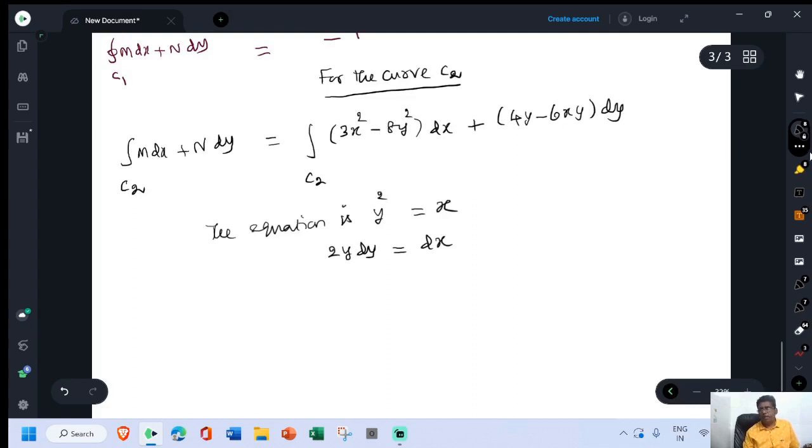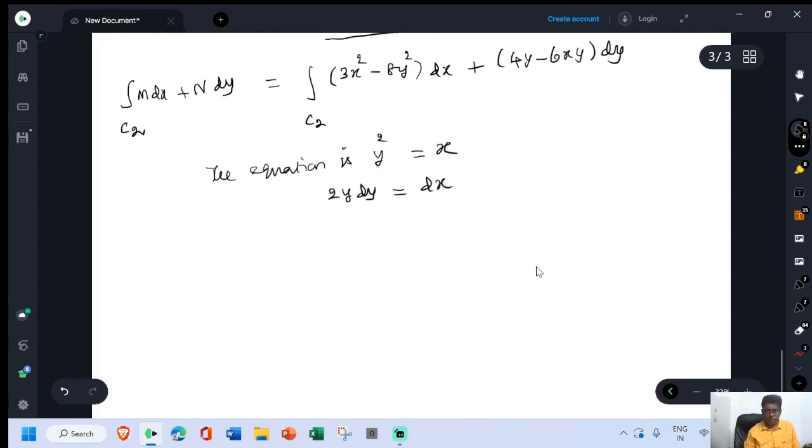In the above equation, instead of x, we have to put y square, and instead of dx, we have to put 2y dy. So we have to express all the quantities in terms of y.